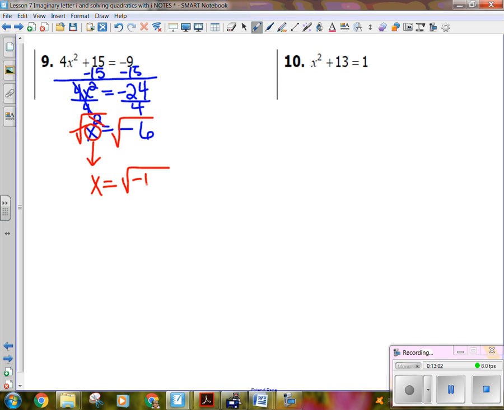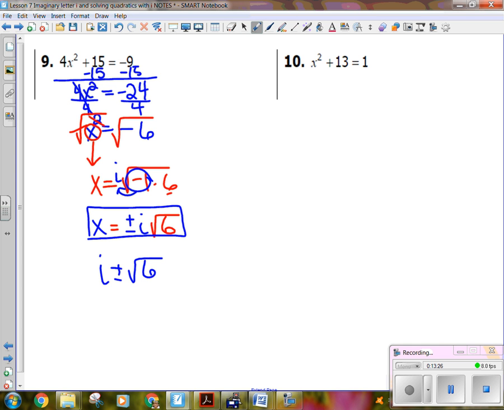The square root of negative 1 times 6. 6 is not a perfect square, so I'm going to have to leave the square root over the 6. But the negative 1 comes out as an i, which stays right in front of the square root. And when it says don't forget plus or minus, make sure that you put it in front of the i. If you put it in between, that actually represents a whole different answer. So do not do it that way. Plus or minus i square root 6.